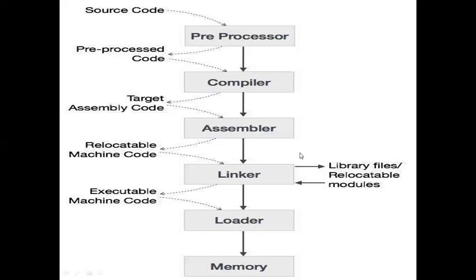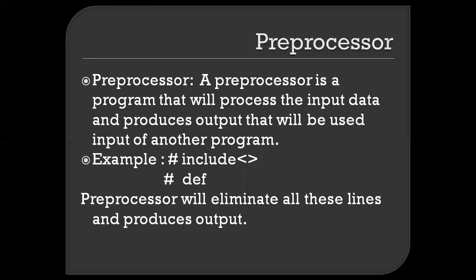Okay, so here we will see them one by one clearly. First, the preprocessor. A preprocessor is a program that processes the input data and produces output that is used as input to another program. Here it will eliminate lines such as hash include iostream.h and hash include macro.h, those header file lines will be eliminated and the contents of the header files will be included.